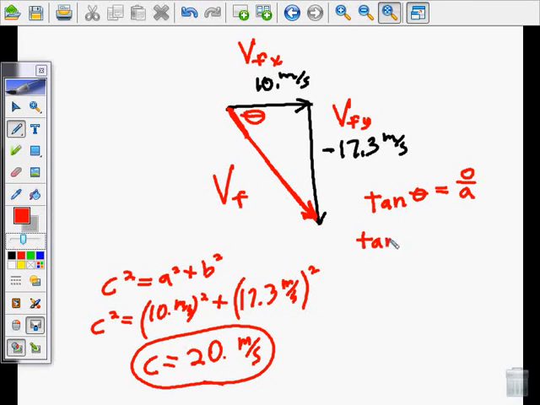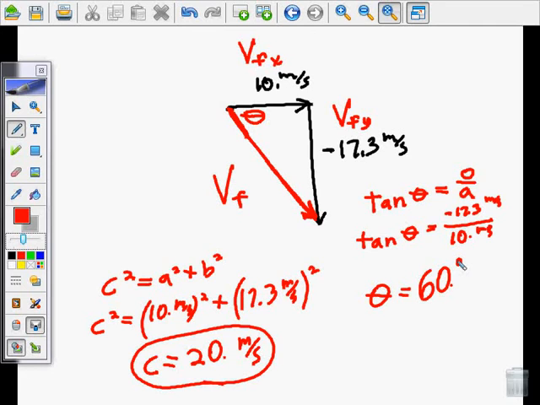So tangent theta is going to equal negative 17.3 over 10 meters per second. And what do you get for theta? Around 60.